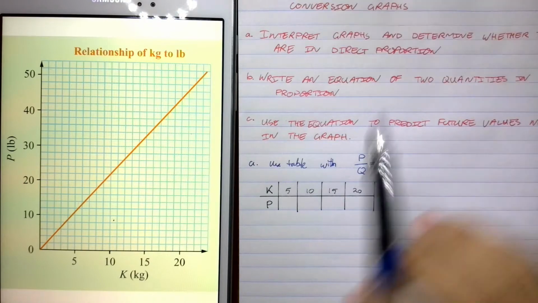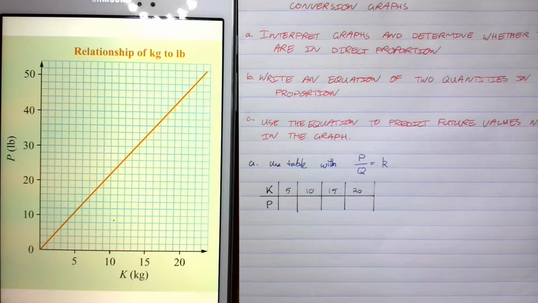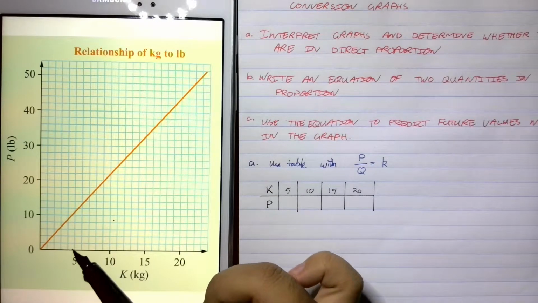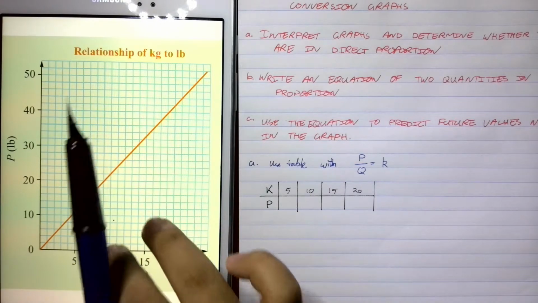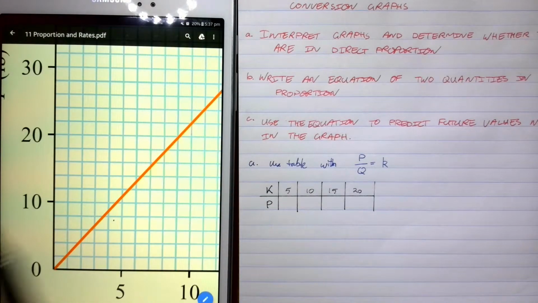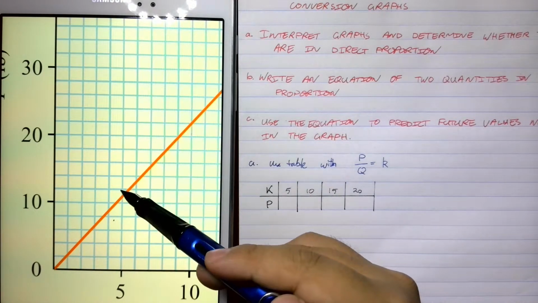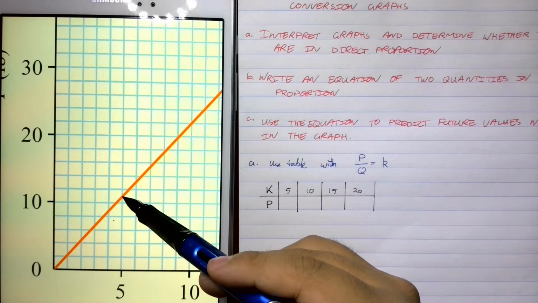Okay. So now, in order to fill in this blank spot, all we do is go to the kilograms, go to 5, and then move up to the point where it hits that orange line. And as you can see, it is not directly in line with the blue squares. It's about halfway between them.